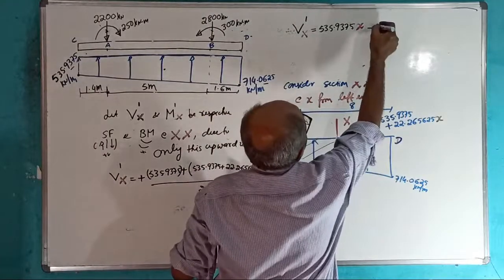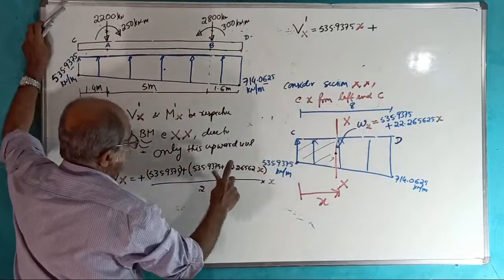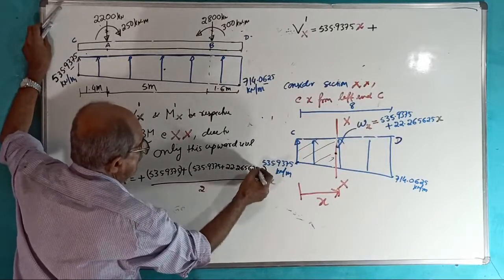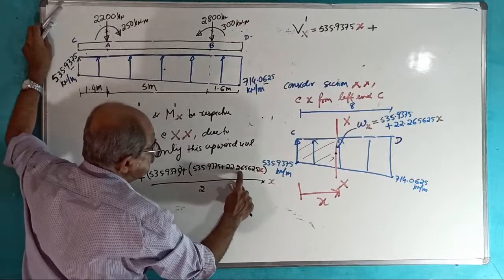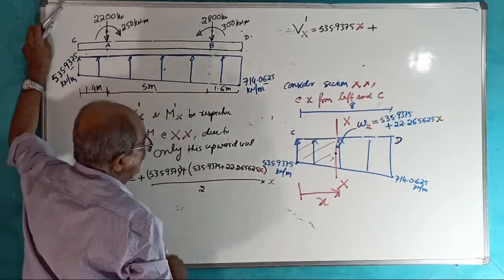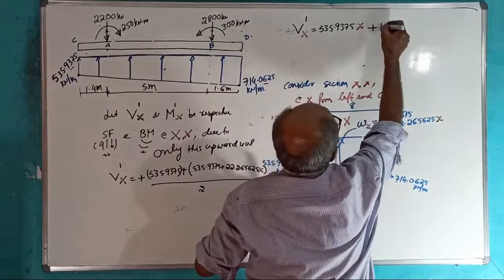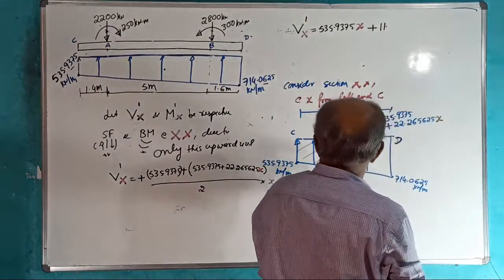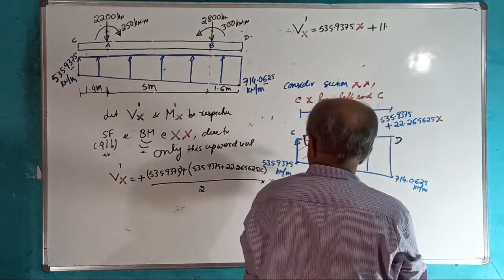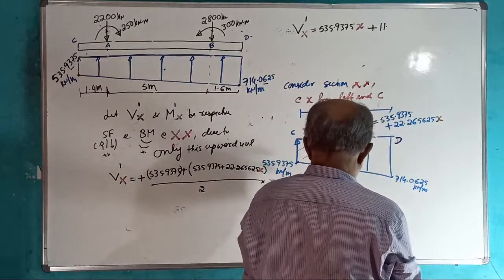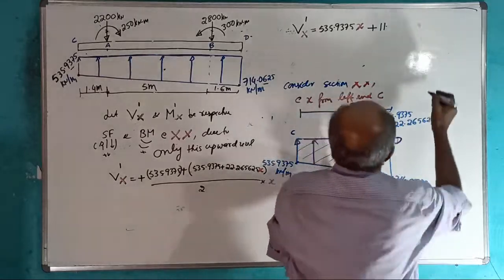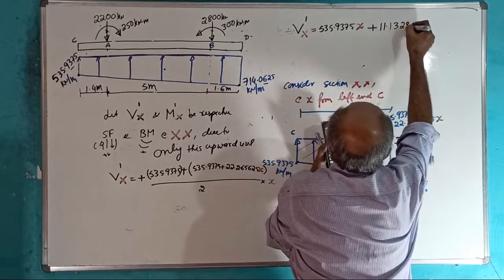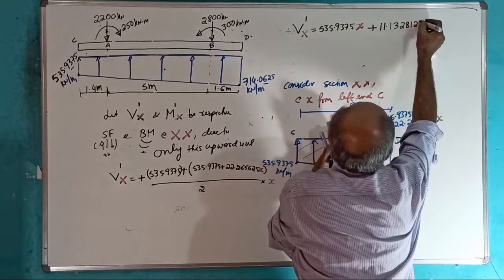Then plus, tell the answer, 22.265625 divided by 2 is 11.132812 times what?